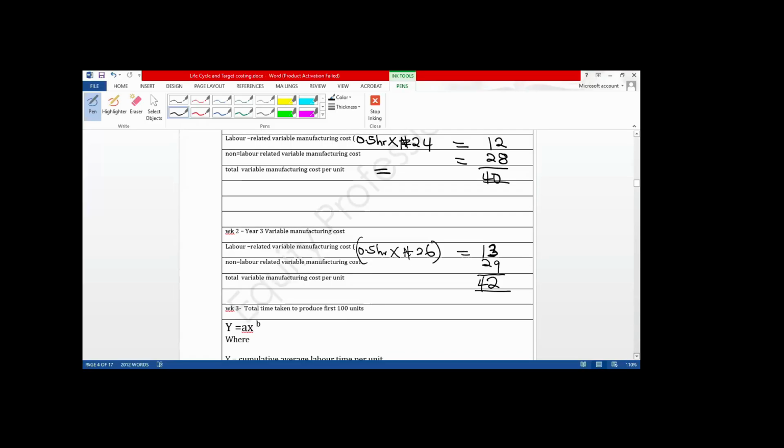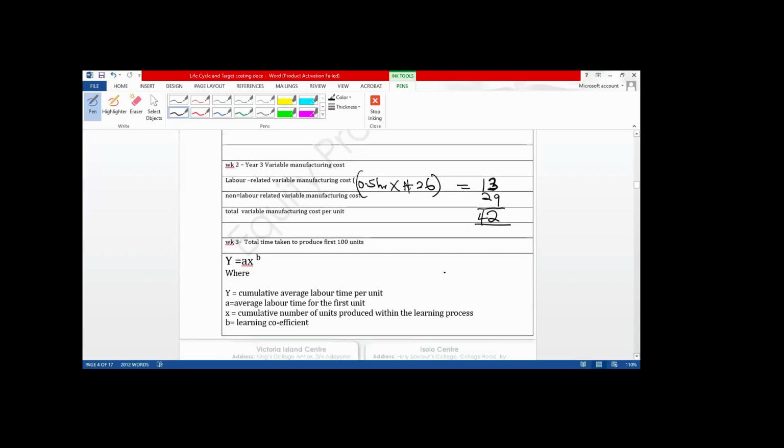Remember your learning curve formula. Y is equal to AX raised to power B, where Y is the cumulative average labor time per unit.